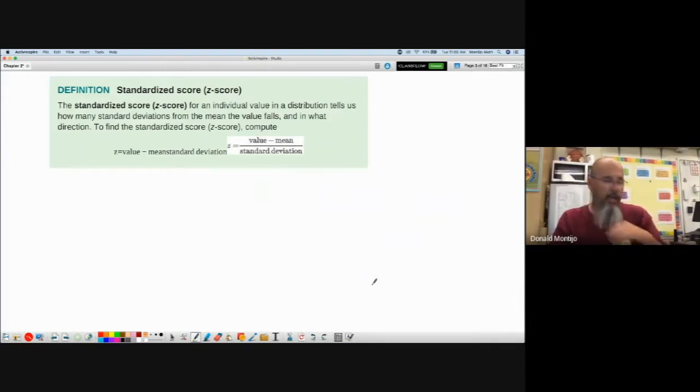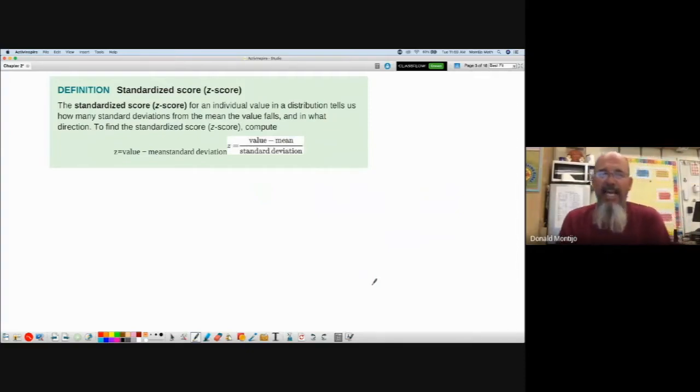Okay. Now, this is probably going to be the calculation that you're going to make the most of any calculation that we do this year. You're going to find more z-scores than anything else. Really, what a z-score is doing is it's another way for us to measure location. Okay? Just like your percentile, oh, I'm at the 80th percentile, that means that 80% of all the observations are less than mine.